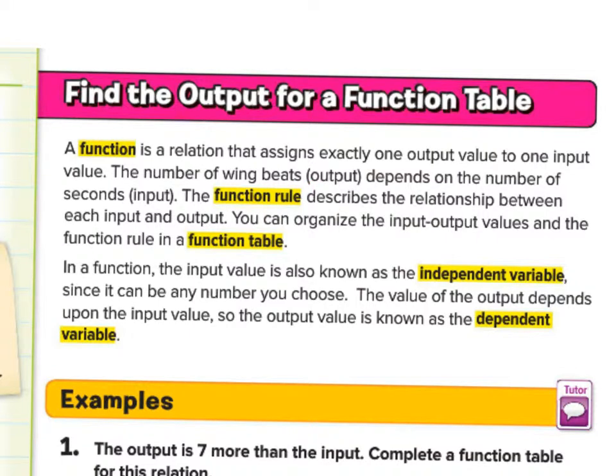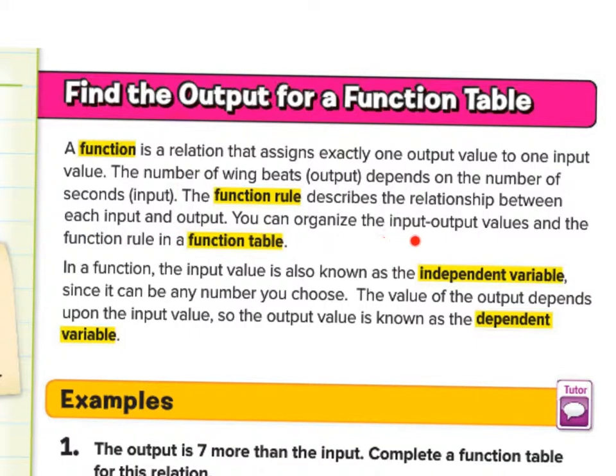If we decide for our input that we're going to do 3 seconds, our output will then be 30. So you see our output is changed by our input. So our input is independent and that makes our output dependent.